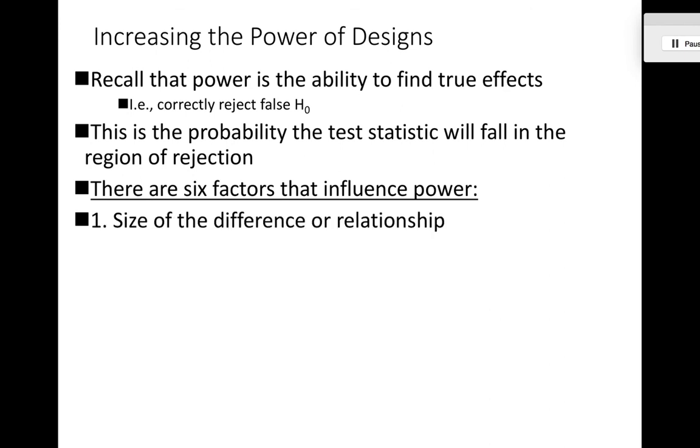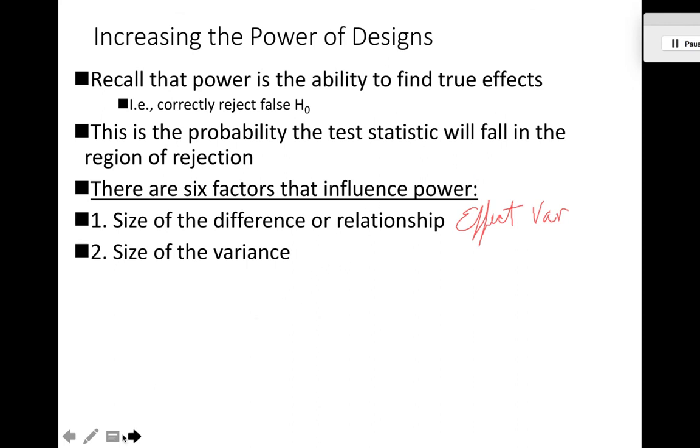What are those factors? Number 1, the size of the difference or the relationship, what we also call effect variance. Number 2, the size of the variance, and in this particular instance, we're going to call this error variance.